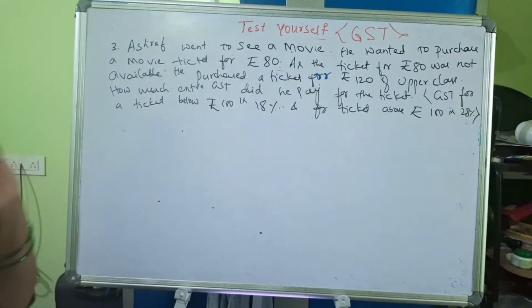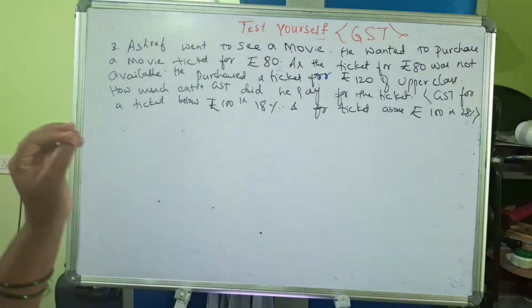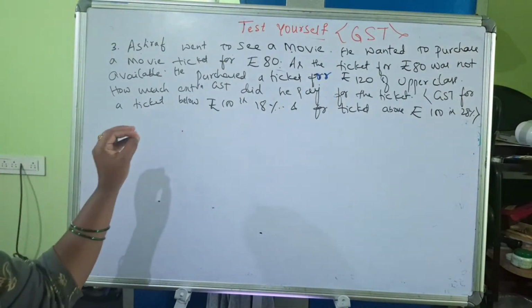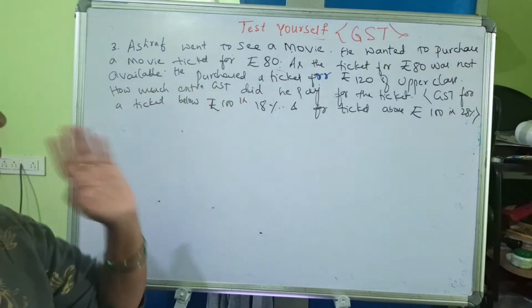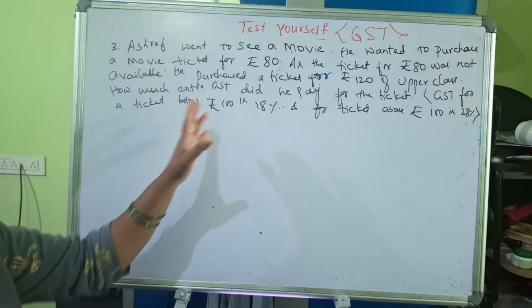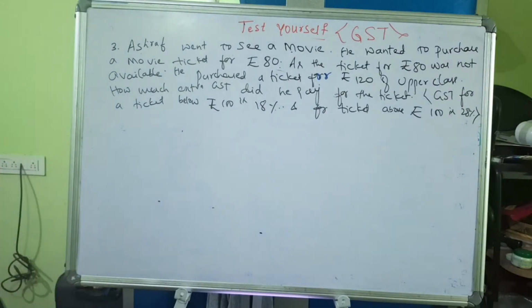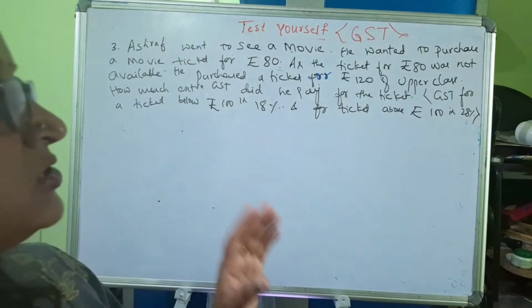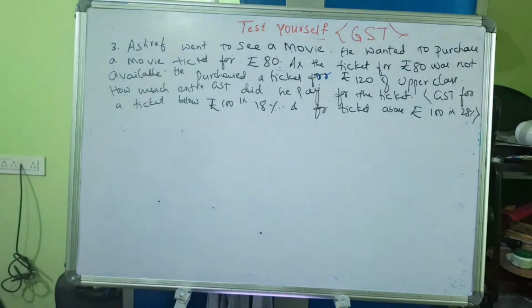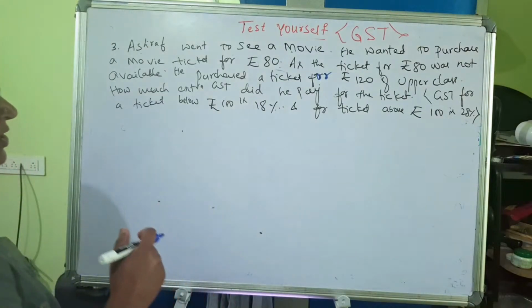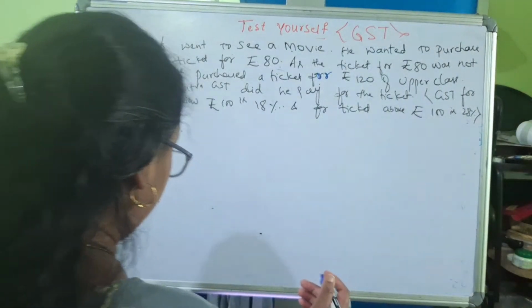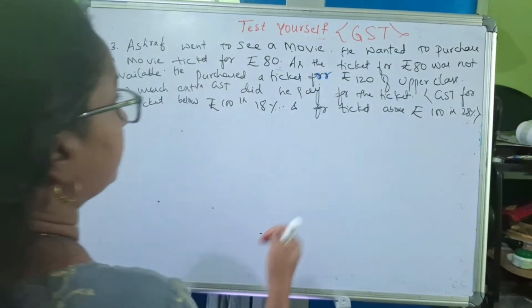How much extra GST did he pay for the ticket, if the ticket below rupees 100 has 18% GST applicable, and 28% GST is applicable if the ticket price is above 100. So we have to calculate the GST amount for both the prices.